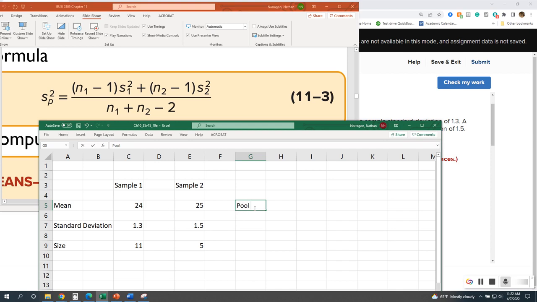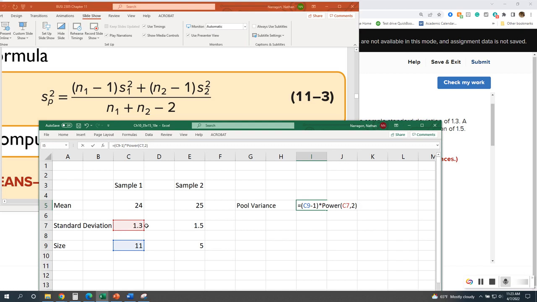So, pooled variance. I'm going to do it step by step. Again, first part, we're going to have N1, which is the size. So our size there, minus 1. And we're going to multiply it by the power of our standard deviation, comma 2.